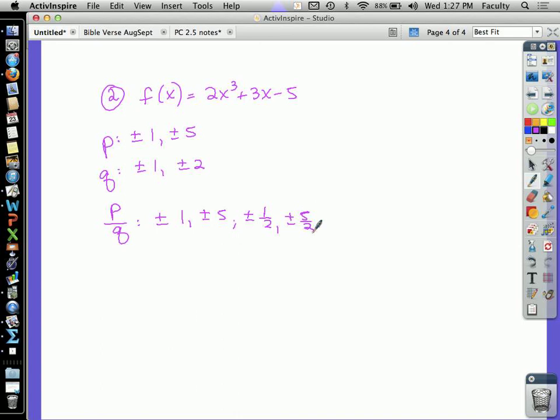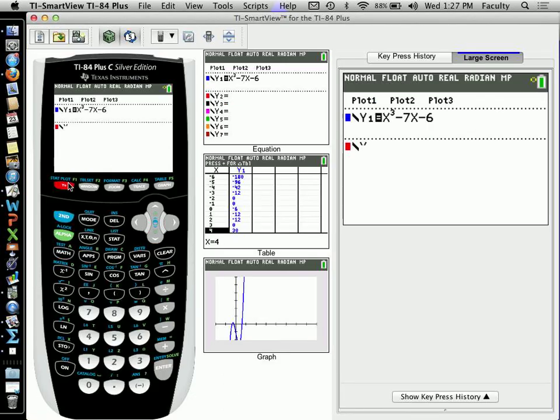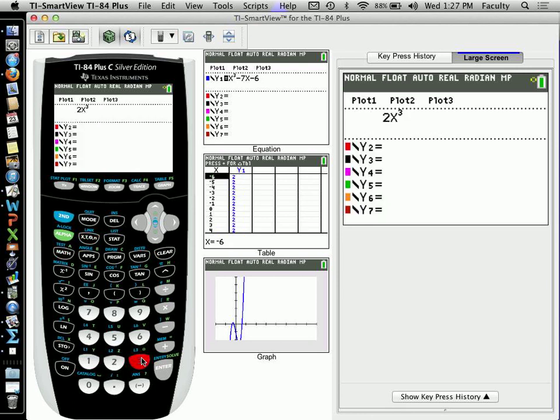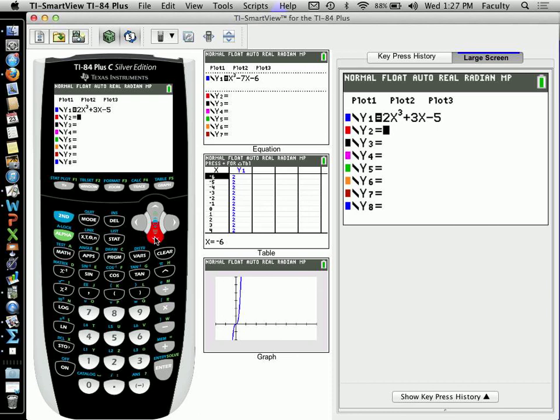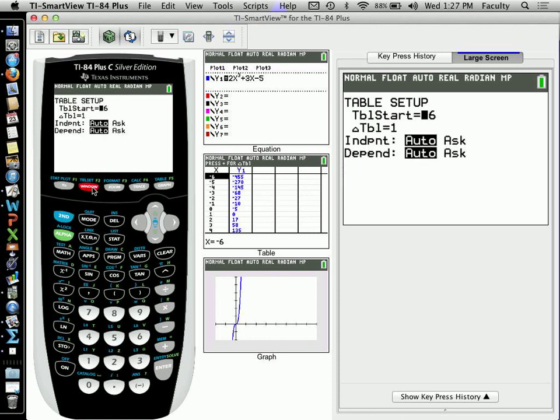So just in case you forgot how to do this on your calculator, let me show you how to do this. Go back to your Y screen, and let's put in 2x cubed plus 3x minus 5. And then, because we have some fractions to put in, you can do second window.